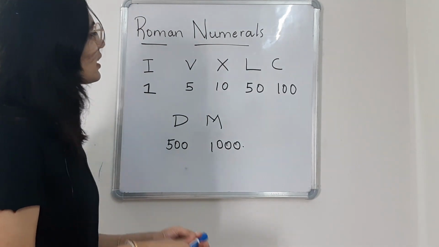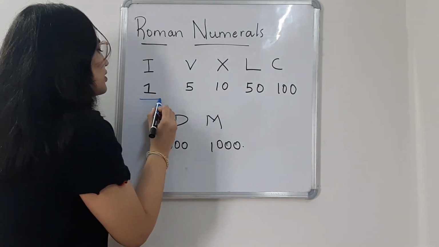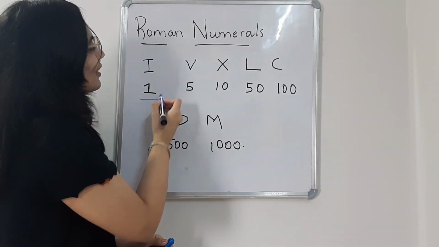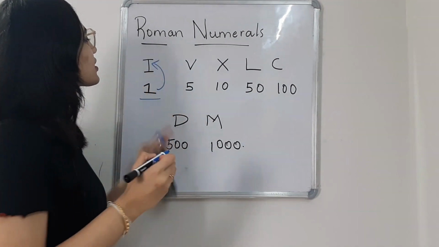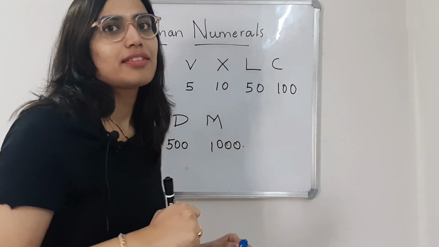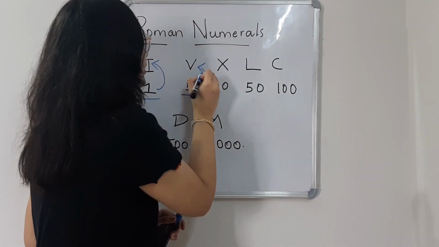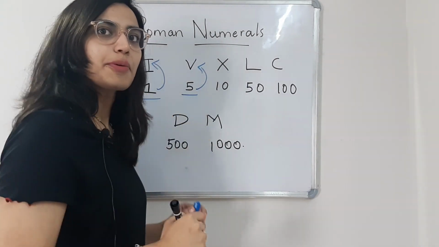So 1, this is our regular numeric system that we use. 1 can be denoted in this form, capital letter I. 5 can be denoted as V in alphabets.